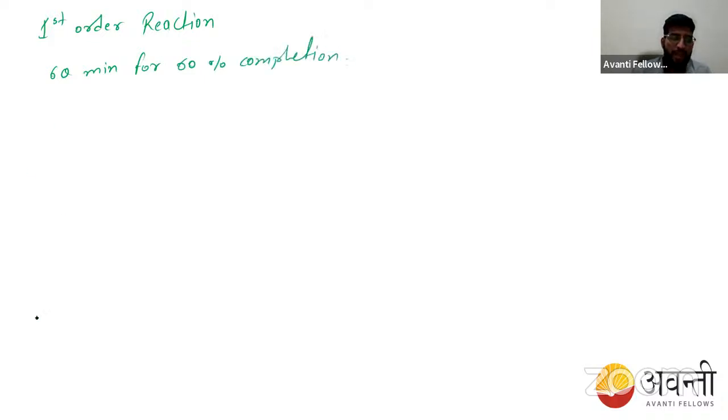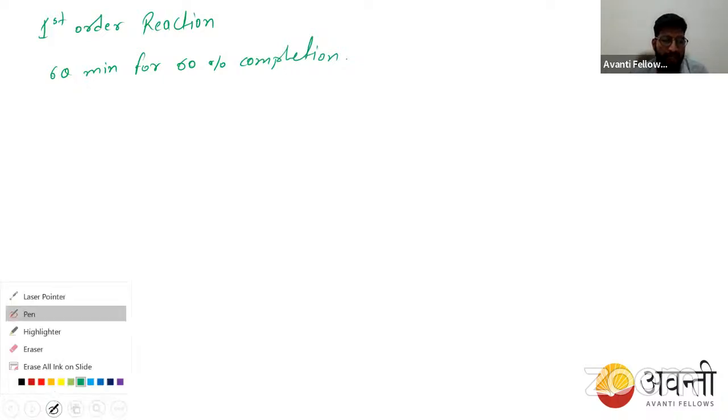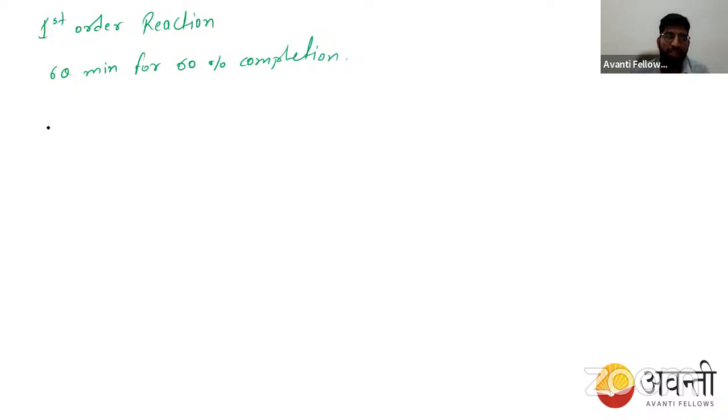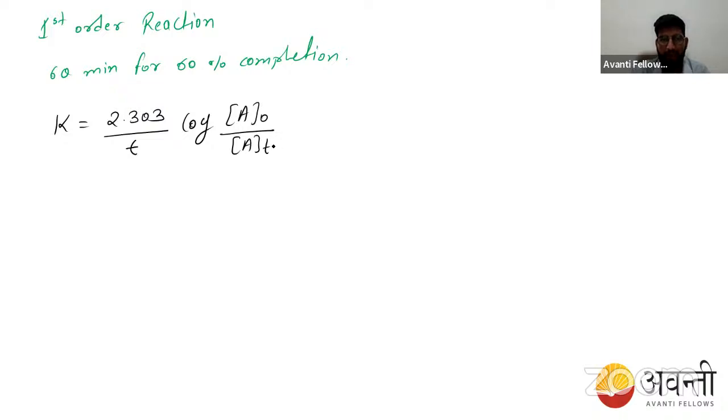I know that for a first order reaction, K is equal to 2.303 upon t times log A naught upon A t. So this is the formula for a first order reaction. How can I calculate this?